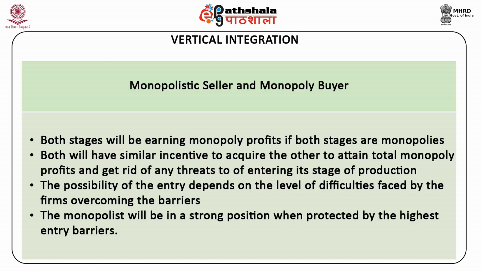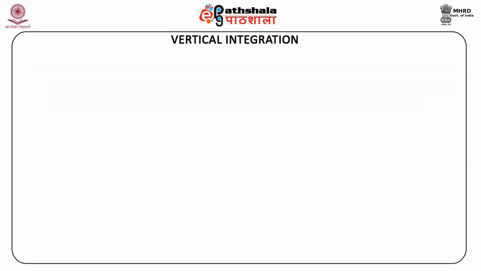The possibility of entry depends on the level of difficulties faced by the firms overcoming the barriers. The monopolist will be in a strong position when protected by the highest entry barriers.